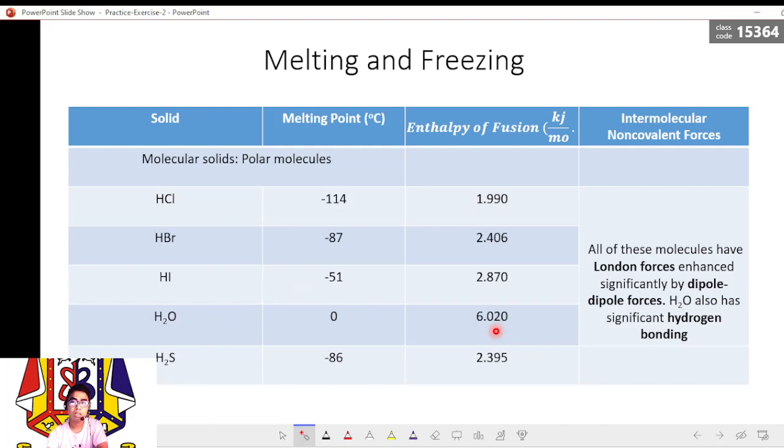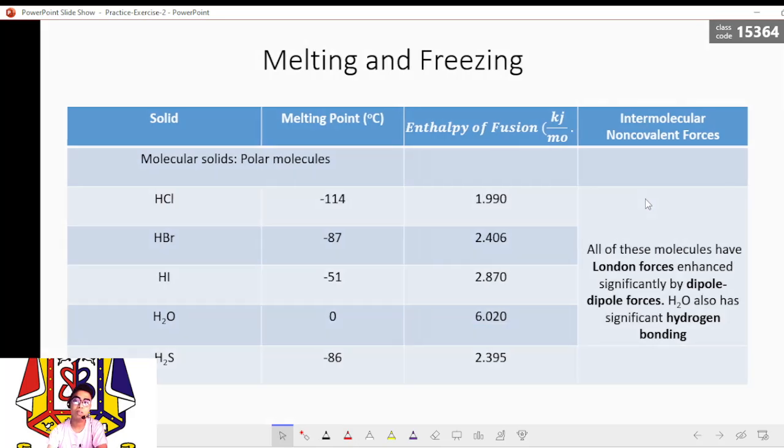This is one of the commonly used values in the molar heat of fusion, the 6.020. So don't forget that. You can go back to the table so you can easily answer our problem.